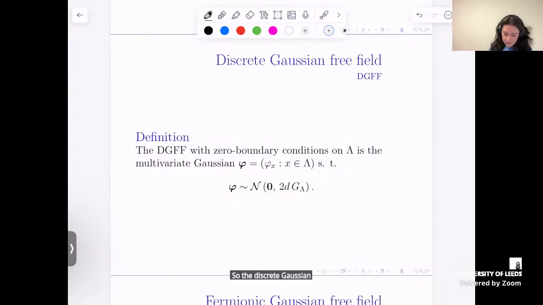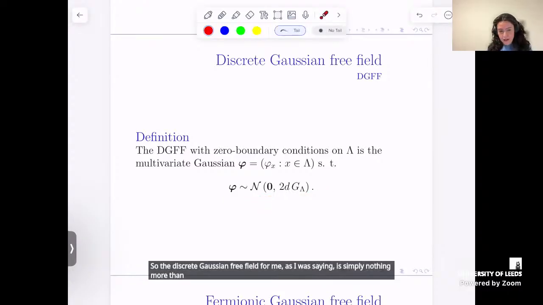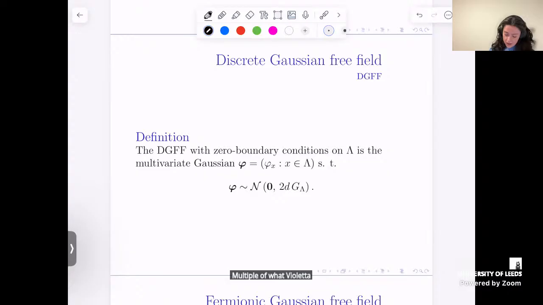For me, it is nothing more than a multivariate Gaussian random variable which is centered and whose covariance matrix is given by a constant multiple of what Wioletta defined as the discrete Green's function.